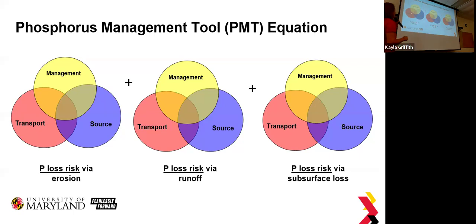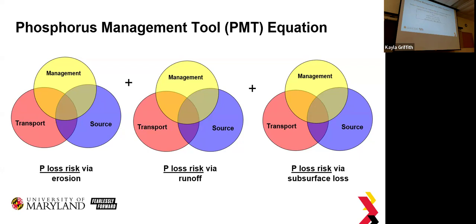These 3 Venn diagrams of transport, source, and management, separately representing those loss pathways, because for most of Maryland, this is the case. The subsurface doesn't matter. So mathematically, this can be 0, and it's not going to change the equation, right? We still have the contribution of the other loss pathways, all right?